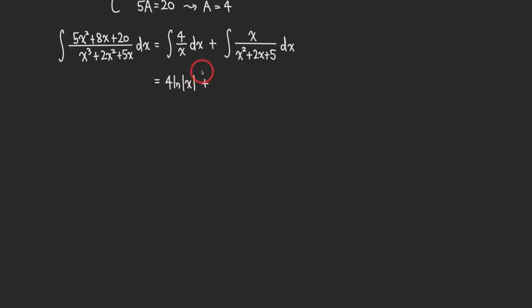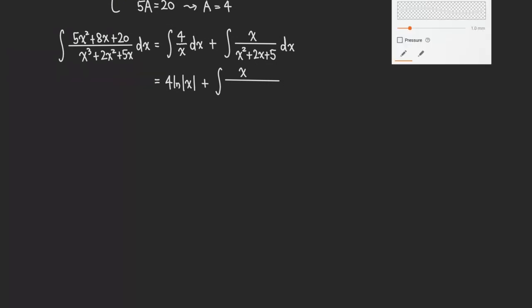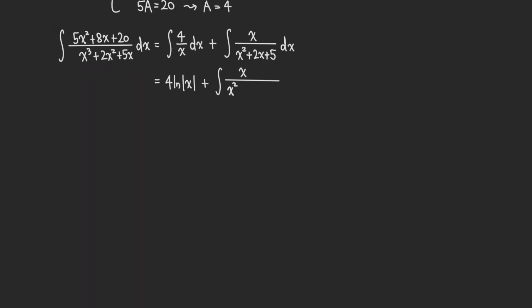Okay, so now what about this thing right here? If we complete the square, then it's going to look like this. So what are we doing? We have x squared plus 2x. And then if you complete the square, you take the coefficient of the linear term, you divide by 2, so you get 1, and then you square it, so that's still 1. So you're going to be adding 1 right here.